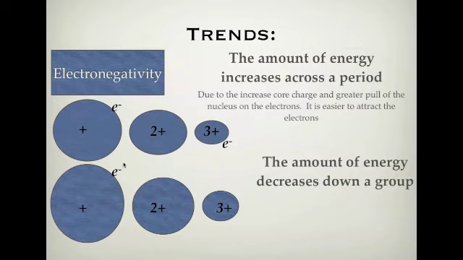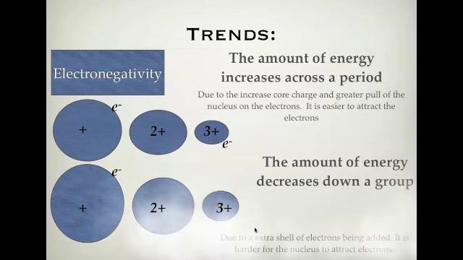Okay, and as you're moving down, the same as the ionization energy, because an extra shell of electrons is being added, it's harder for the nucleus to attract those electrons because they're further away to begin with. So the bigger the atom, the harder it is to pull an electron in. So you have the electronegativity having that trend in the periodic table.